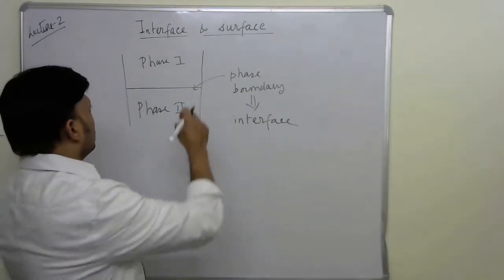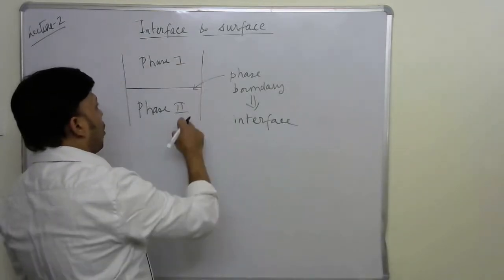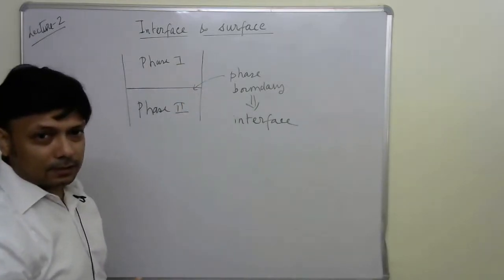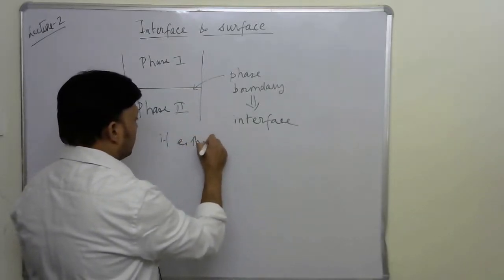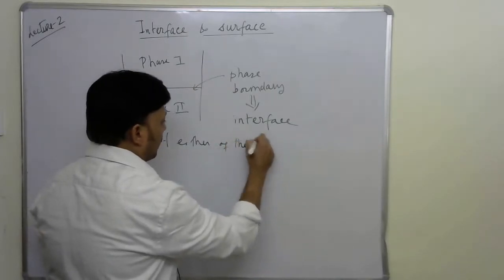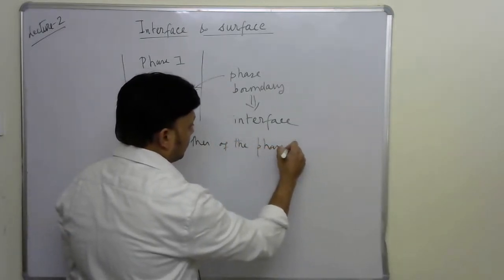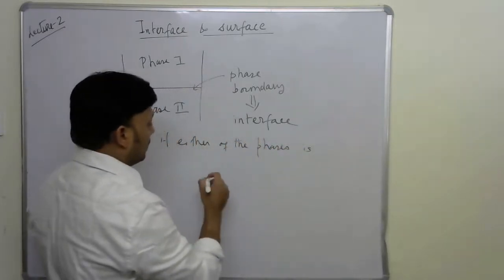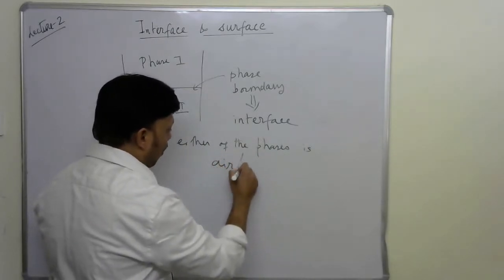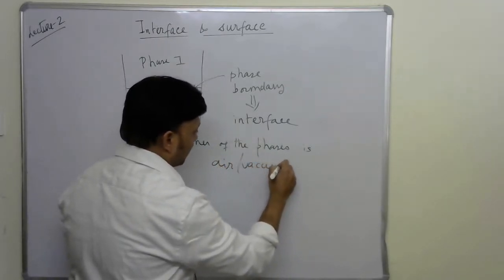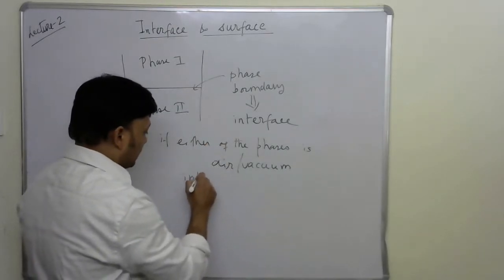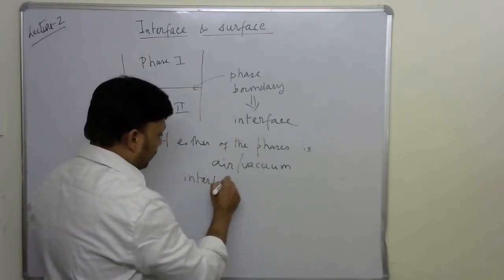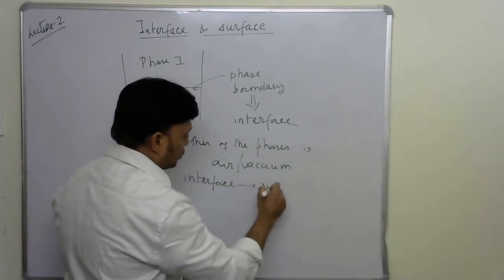Now if either of these phases is either air or vacuum, then that interface is called surface.